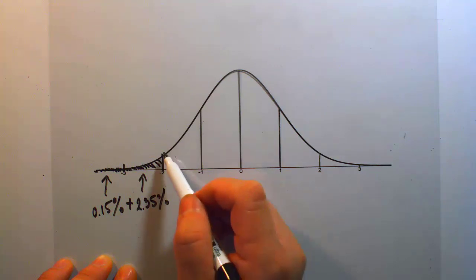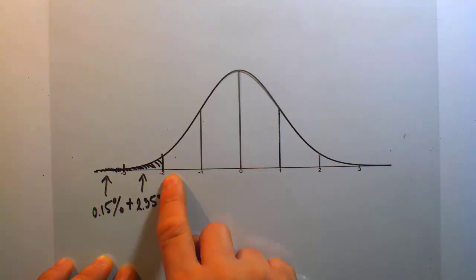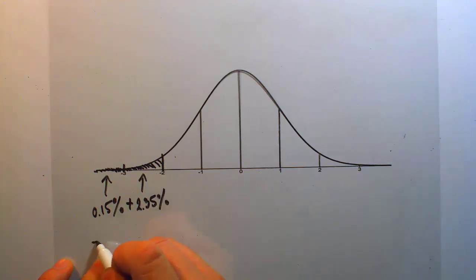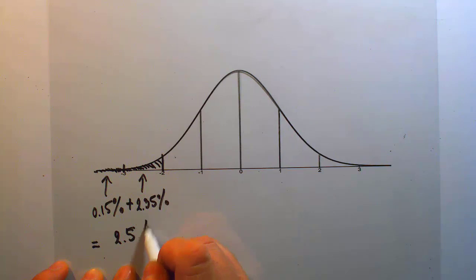Totaling up these two areas to get the complete accumulated area to the left of -2, the calculation shows 2.5%.